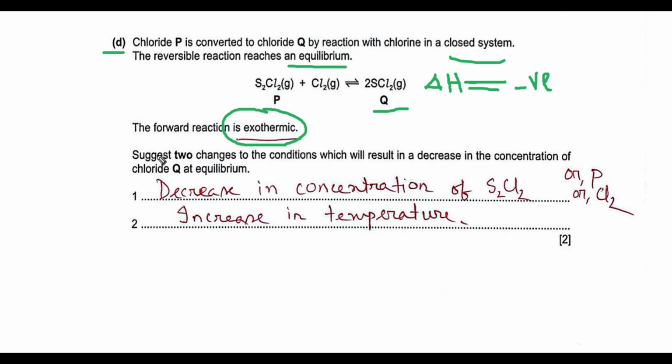The question asks: suggest 2 changes to the conditions which will result in a decrease in the concentration of Q at equilibrium.